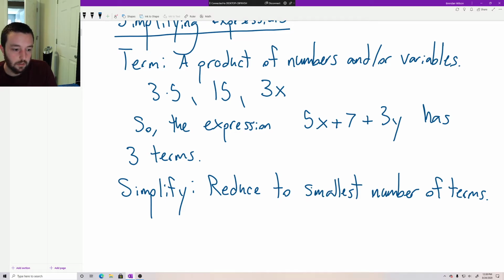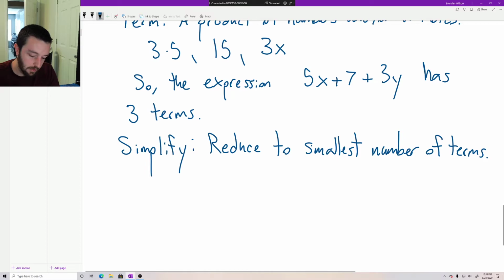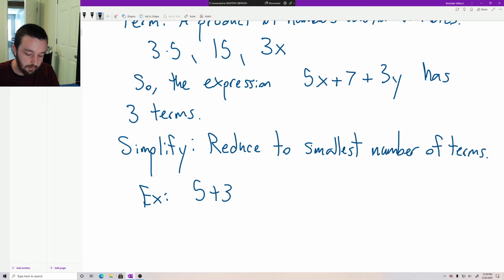Let's think about how we can do this. Some examples are easy. We already know how to do this from chapter 1. If we have something like 5 plus 3, then we can just simplify this to 8. In the first expression, we have 2 terms with the 5 plus 3. In the second expression, we have 1 term. We have just 8.